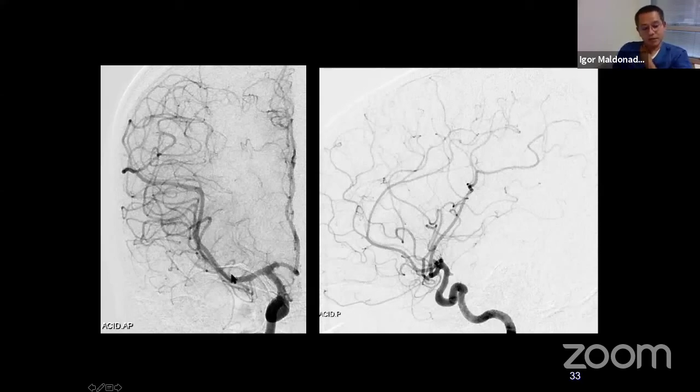When you see this frontal angiogram like this, and you see the transition M1 and M2, we know that this transition is at the level of the limen of the insula. So let's imagine here the limen of the insula. I know the basal ganglia are there, those are lenticulostriates, then we have the insular branches, and I see the insular gyri here.